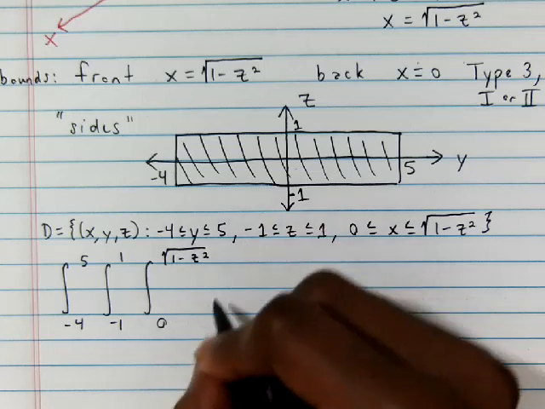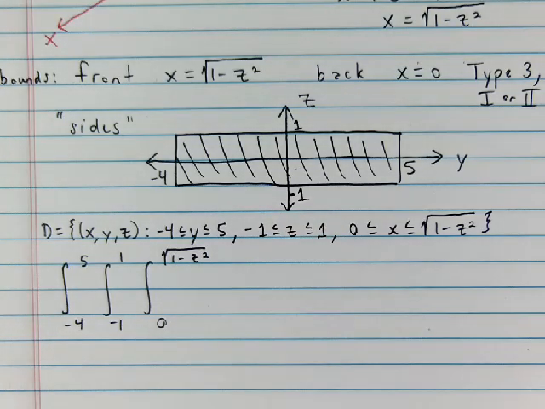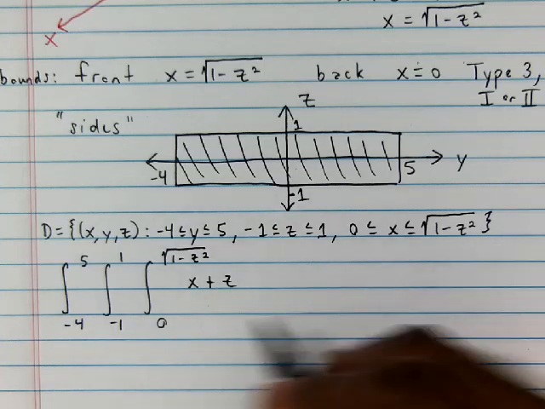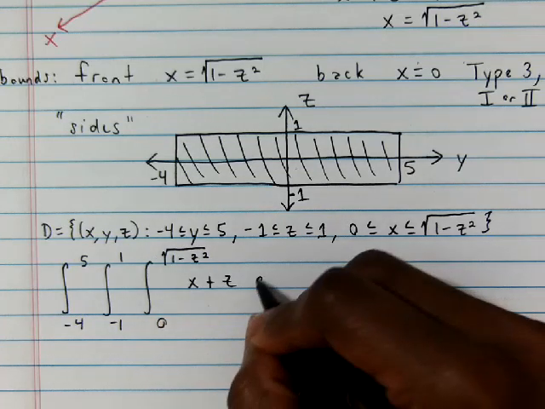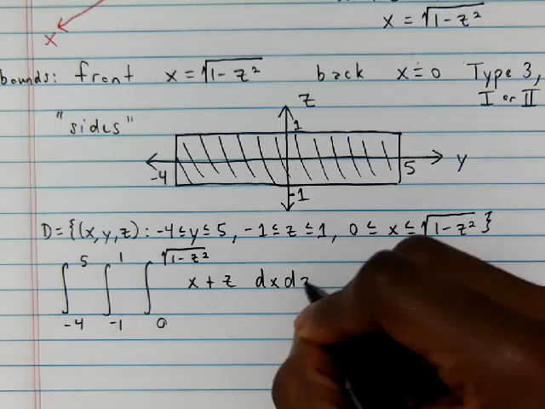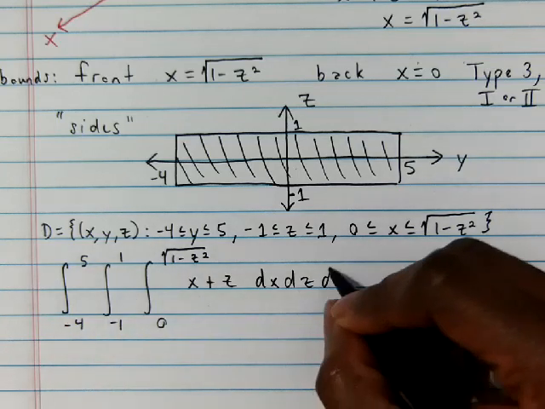And our integrand was, I didn't write down the problem, x plus z. And these are x's, so that's dx. These are z's, that's dz. And these are y's, that's dy.